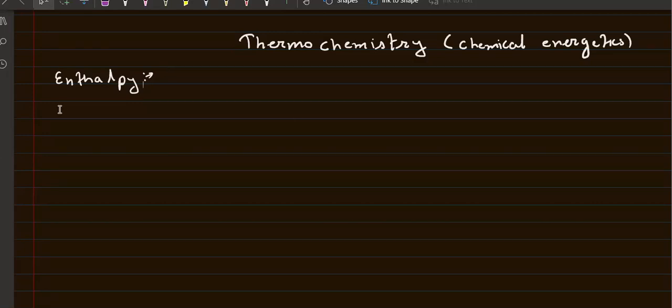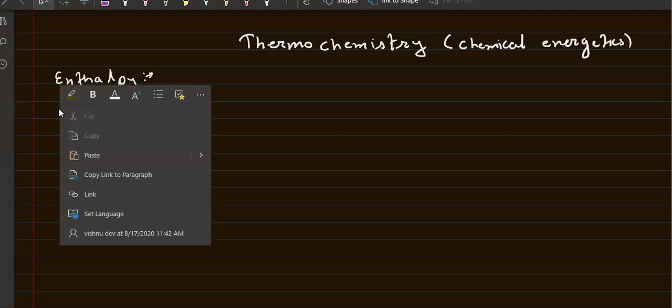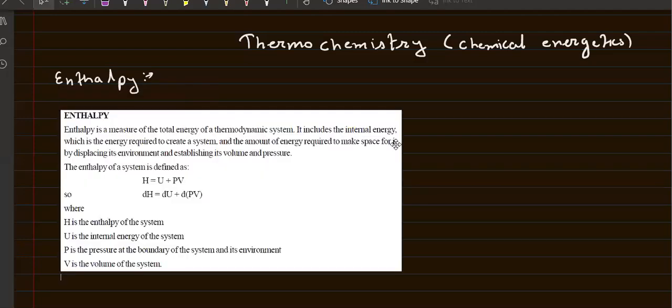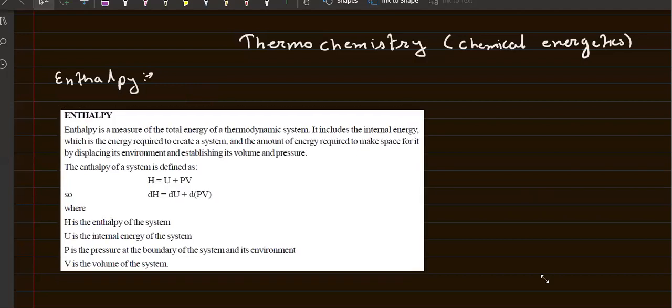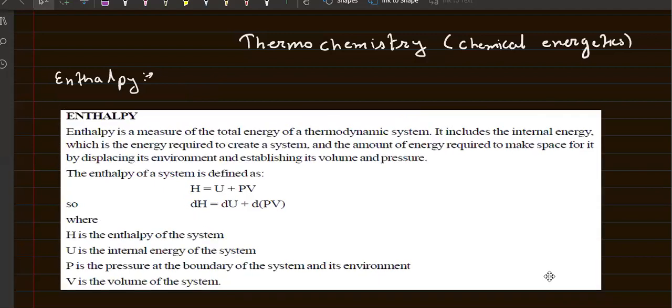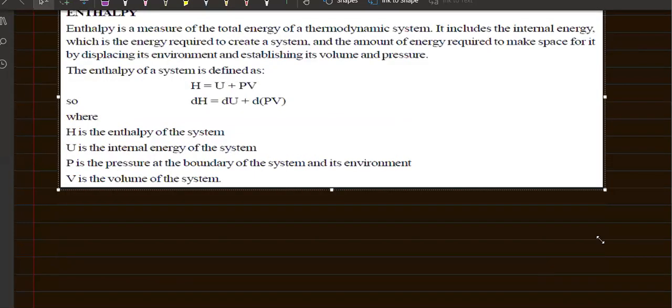Let's see what is the basic definition of enthalpy. We have already studied this, so I hope that you will remember. When you talk about enthalpy, it is basically the total energy of a thermodynamic system, right everyone?